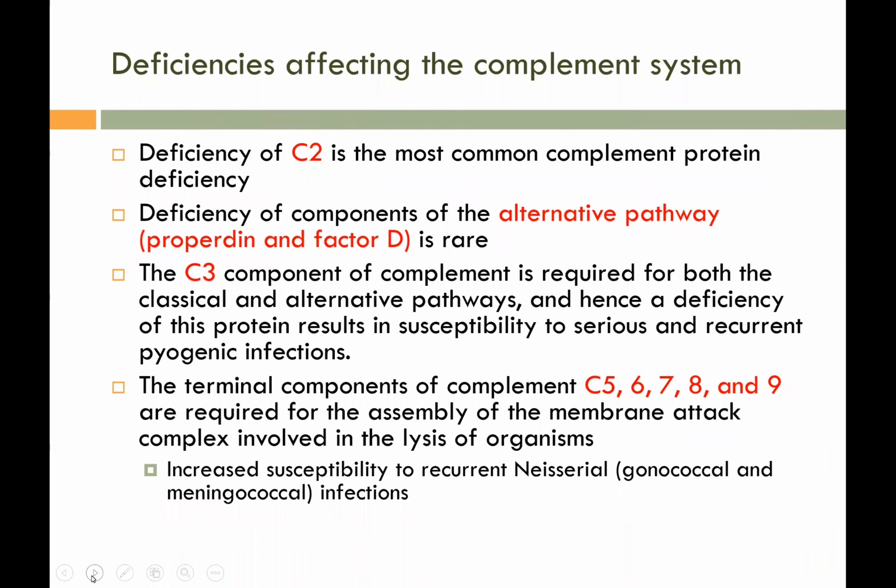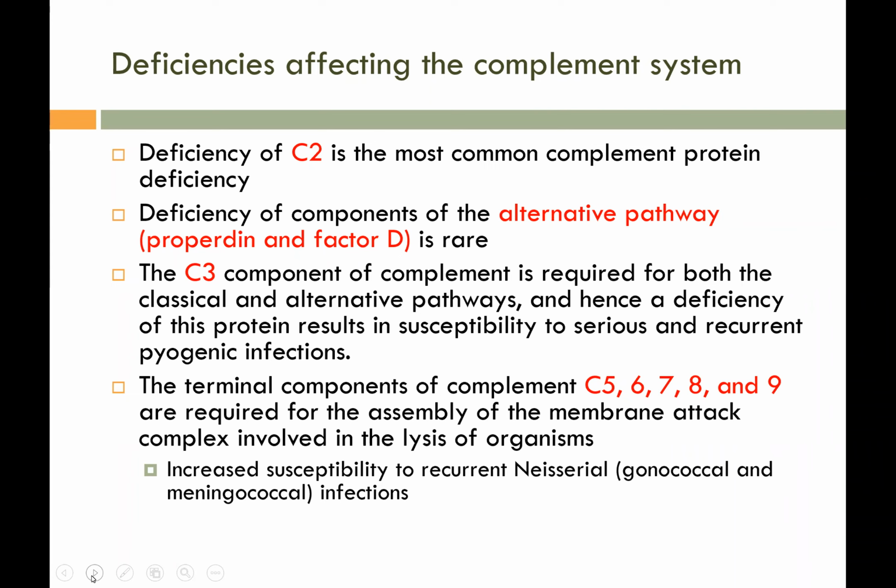C2 is the most common complement protein deficiency. As it is written, you can also have a deficiency of C2 or C4 or your C3, which is required for both classical and alternative pathway.